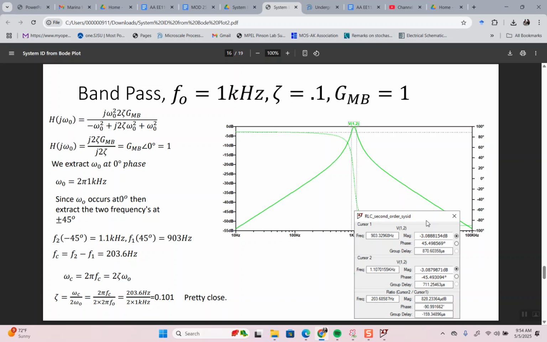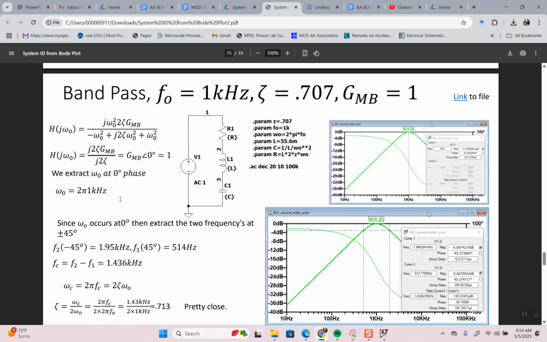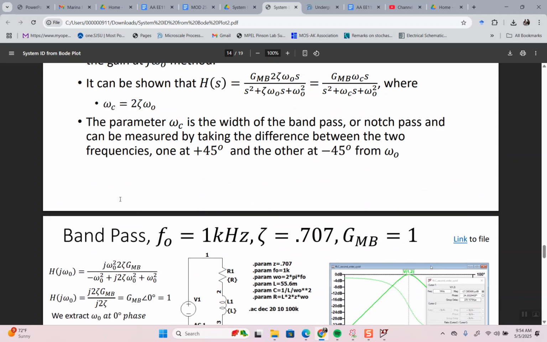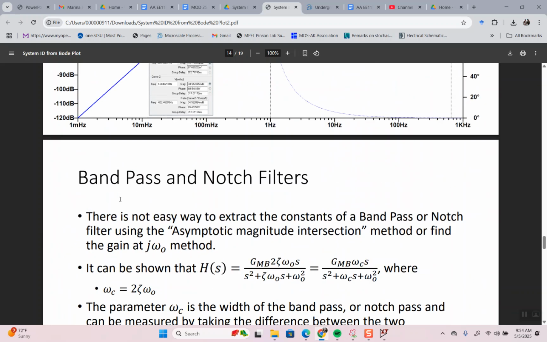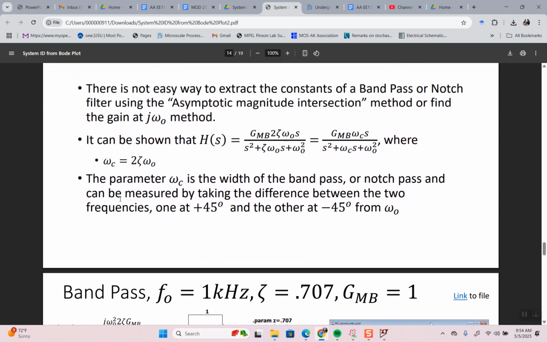Let me come back. Here's the bandpass, right? If the damping coefficient was 0, this would fall out. I'd have S squared plus omega naught squared, right? Which is like an oscillator, right?